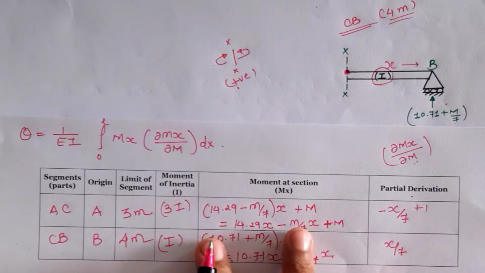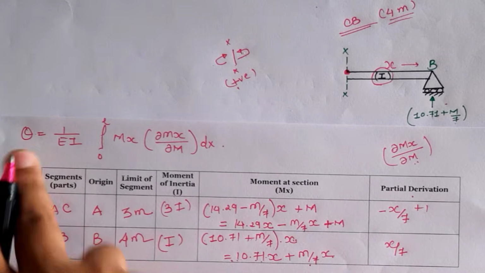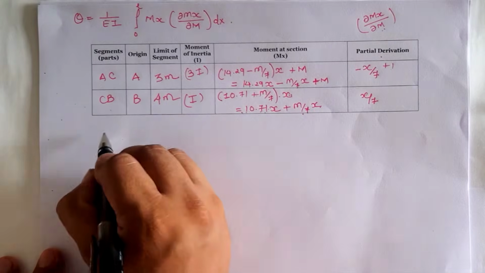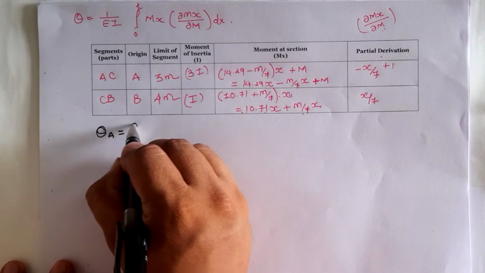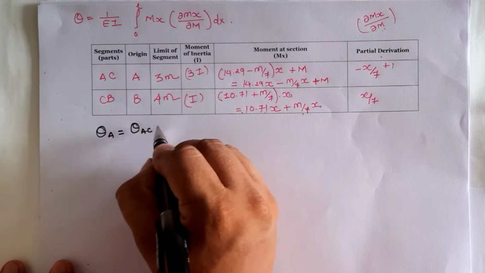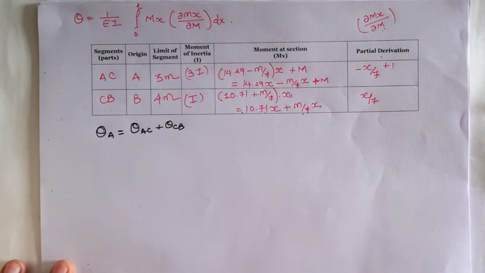Now using this tabular form and the Castigliano slope equation, we have the rotation at A equal to theta AC plus theta CB according to the superposition theorem.